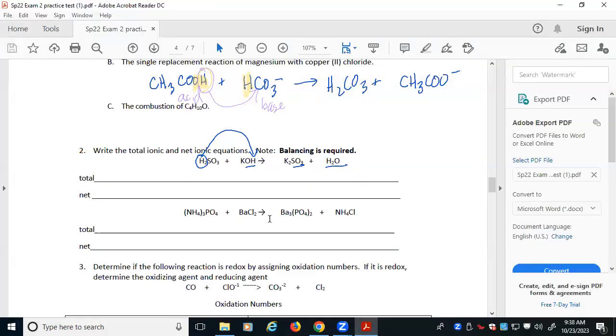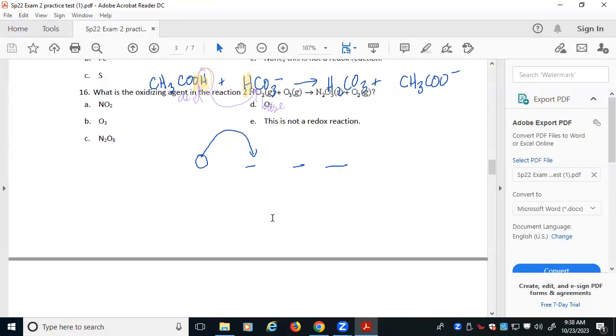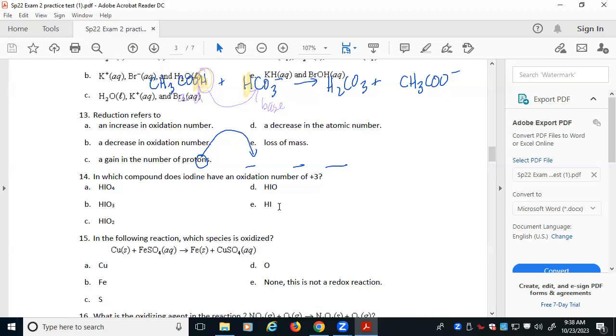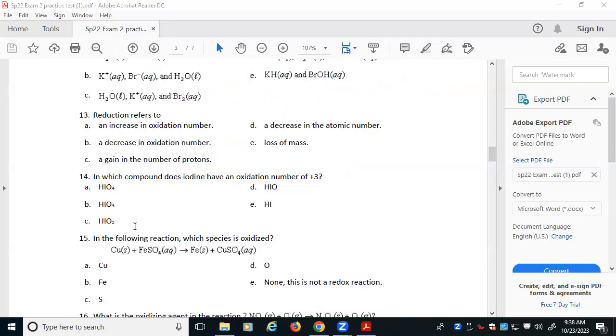In chemical reactions, it's all about electrons. It's always about electrons. So a reduction would be a decrease in oxidation number, yes. Now, remember, if we are adding or losing protons, that's a nuclear reaction. That's a reaction that is beyond just simple chemistry.